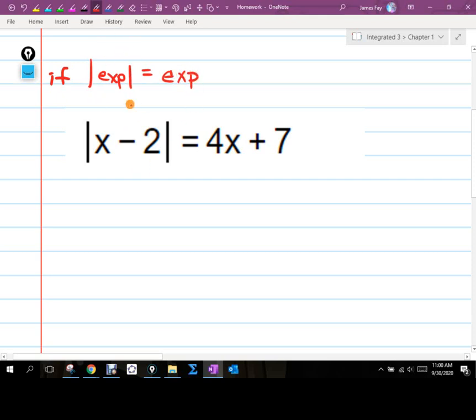So an absolute value of an expression is equal to an expression, as long as you've got the absolute value all by itself. And that's what we've got right here, correct?